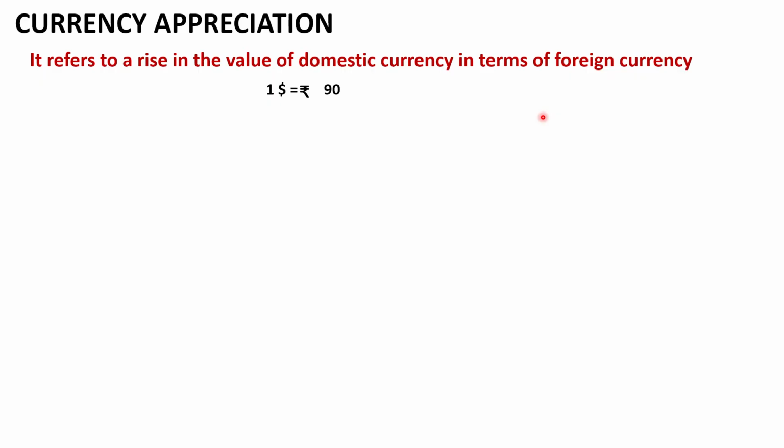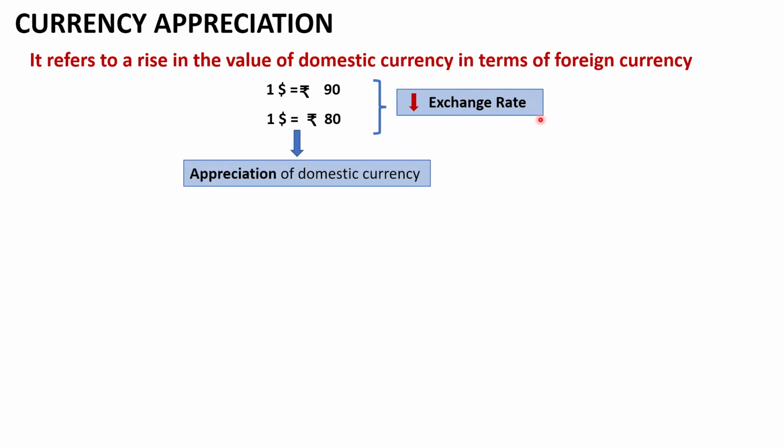So, when the exchange rate changes from $1 = 90 rupees to $1 = 80 rupees, it is referred to as a decrease in exchange rate. So, when exchange rate decreases, domestic currency appreciates. Now, appreciation of domestic currency can be explained again with the help of the above example.